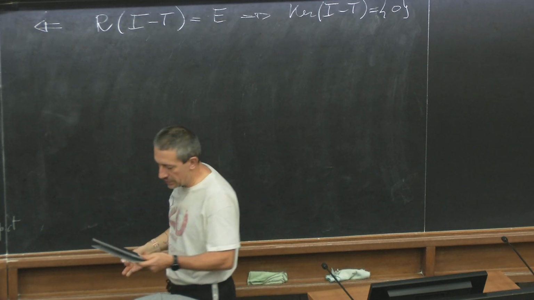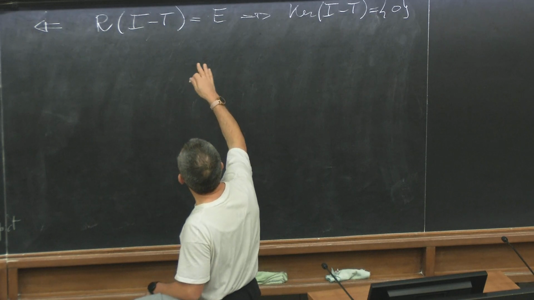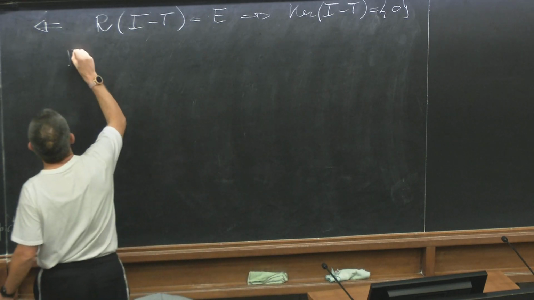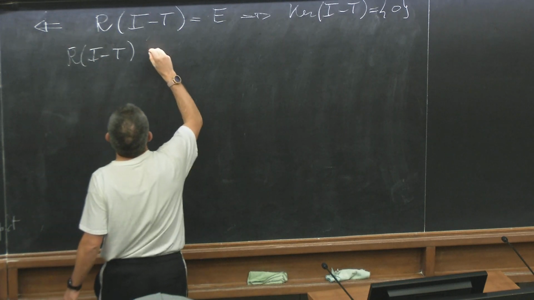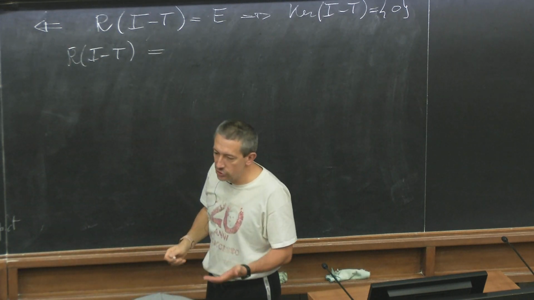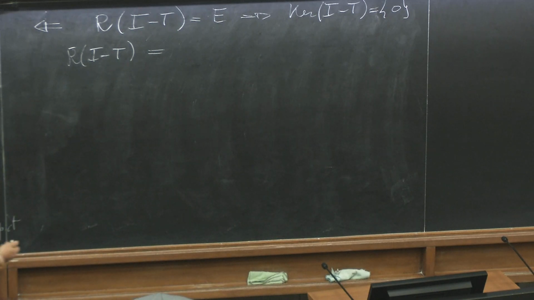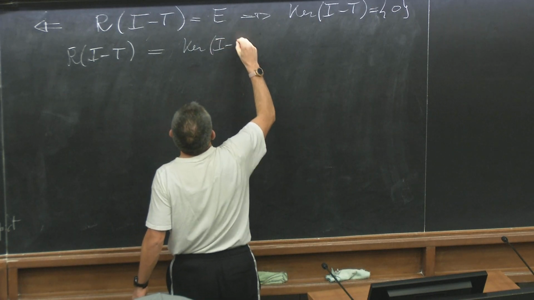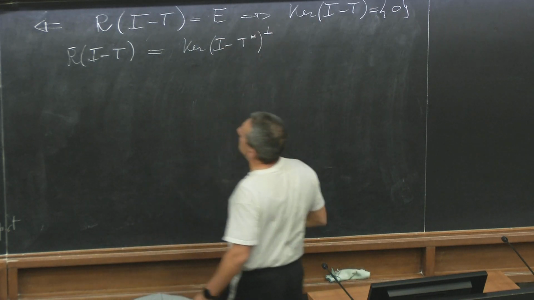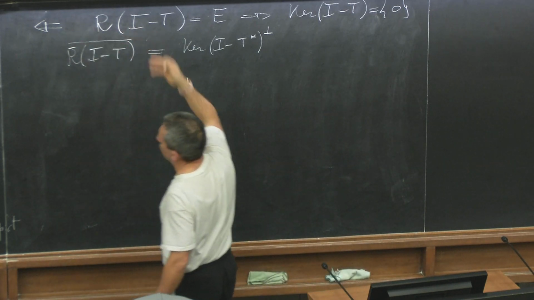Okay, what we know now, if the range of identity minus T is equal to E, if you remember something we did Tuesday, the range, so the orthogonal of the kernel of identity minus T star orthogonal, the closure, but we know it is closed.